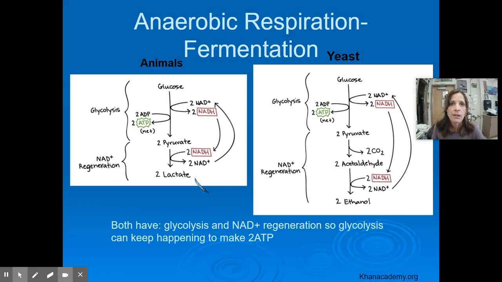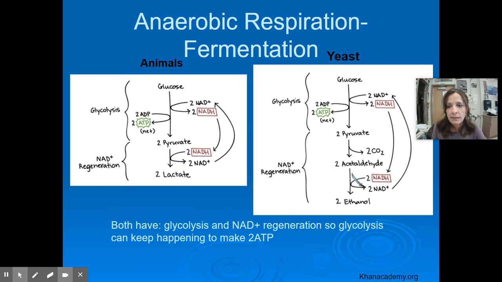So you're still breathing, but your cells aren't getting enough oxygen. And so pyruvate, instead of going into the Krebs cycle, turns into lactate and then lactic acid. And this extra step is important, because we need to regenerate NAD. If we don't regenerate NAD, then glycolysis can't happen and we can't get the little bits of ATP.